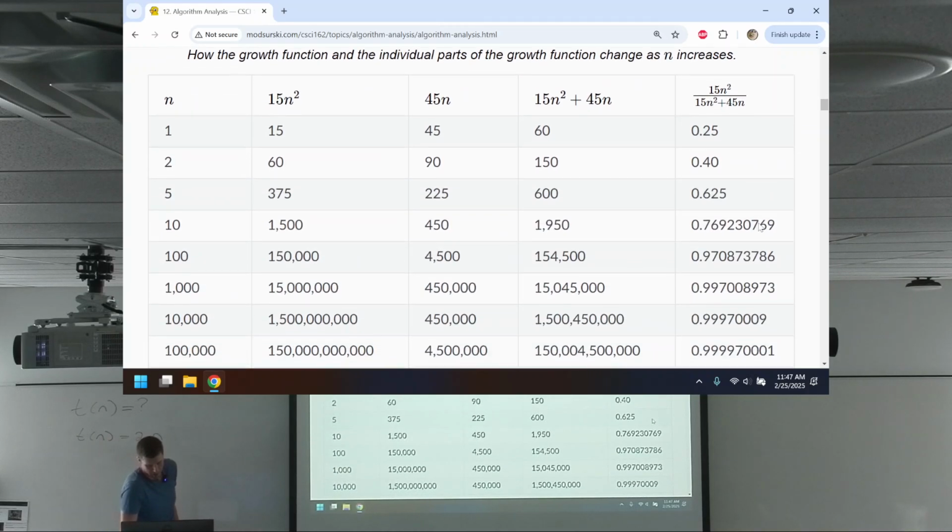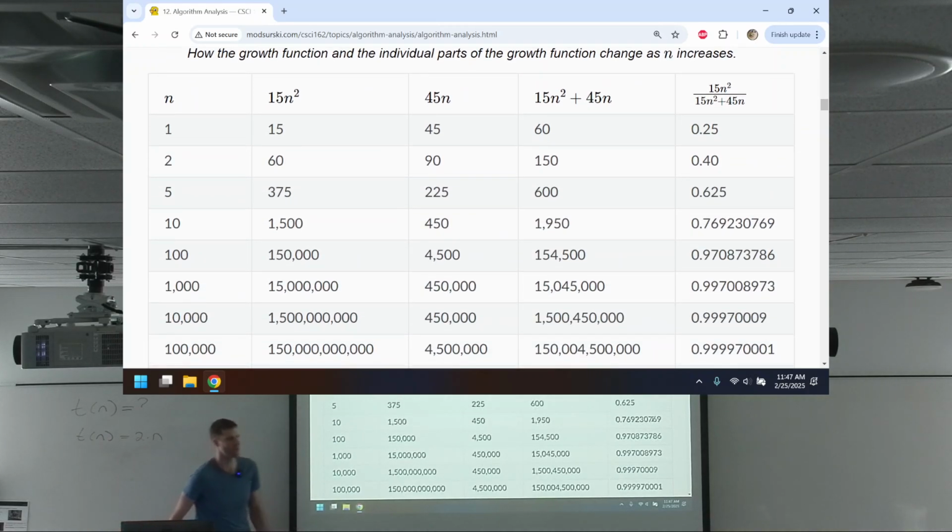Now, what does that mean in raw numbers? Well, let's say, okay, if my input size was 1, how much time is it going to take? Well, 15n squared is 15, 45n is 45, the total is 60. And then over here, I'm showing you the proportion; we'll come back to this column.